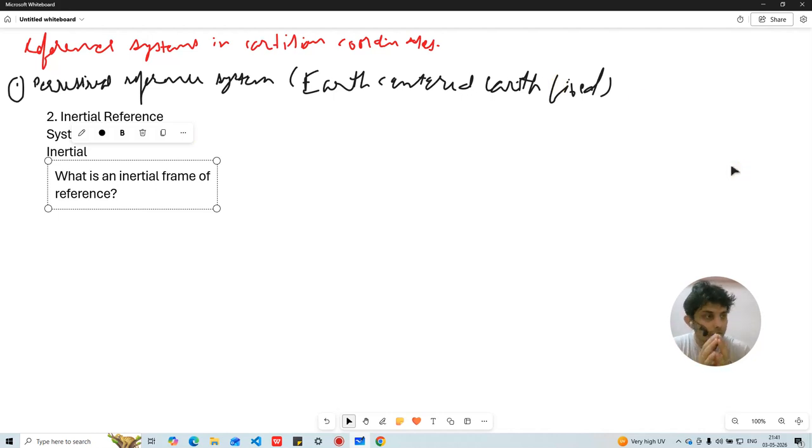An inertial frame of reference is a coordinate system where objects behave in the simplest possible way. No forces act on them. They either stay at rest or move in a straight line at constant speed, which means they are non-accelerating.